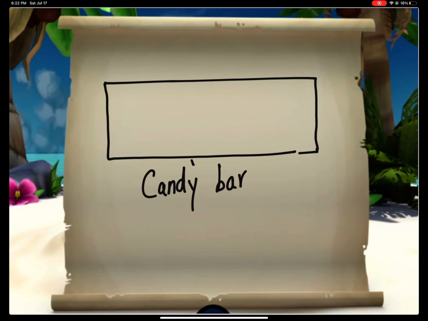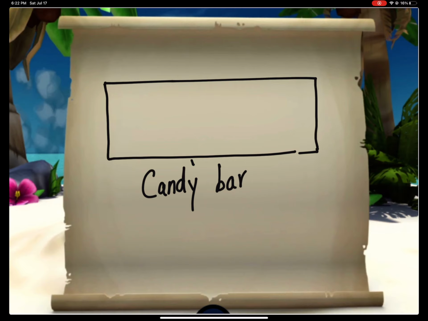And you have 3 friends. Show me how you will share this chocolate candy bar equally to all the 3 friends. What can you do? You have to give this candy bar equally to 3 friends.